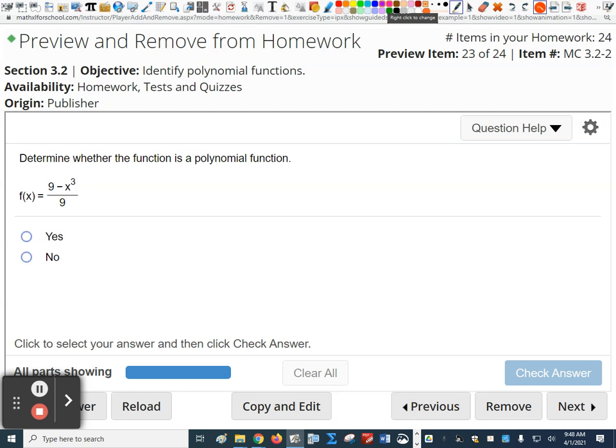I could split this up into 9 over 9 minus x cubed over 9, which is 1 minus 1/9 x cubed, which I could write in standard form as minus 1/9 x cubed plus 1, right? That's a polynomial, isn't it? I've got real number coefficients and I have whole number exponents. So that actually is a polynomial, okay?